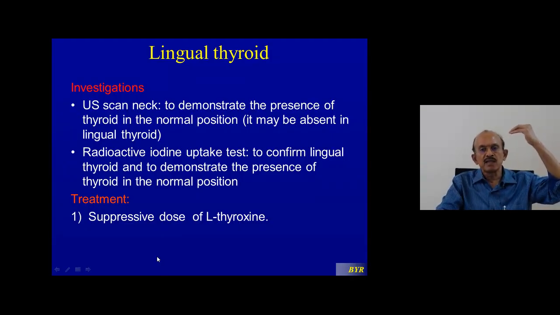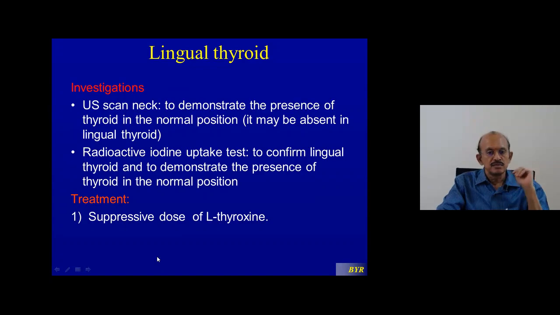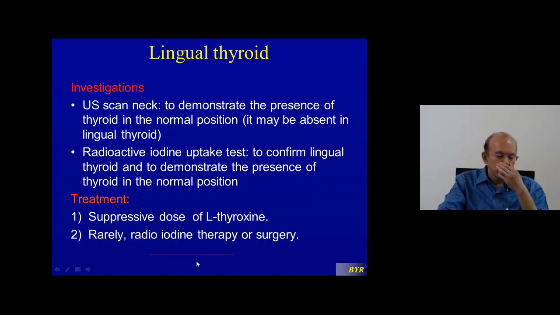When TSH is blocked, automatically the thyroid gland becomes atrophic. It gradually atrophies. Even for a normal person, if you give thyroid hormones, the thyroid gland becomes atrophic. Rarely, radiation therapy or surgery is indicated.